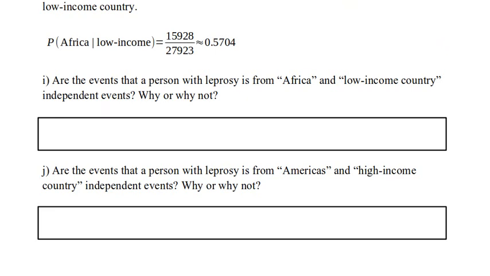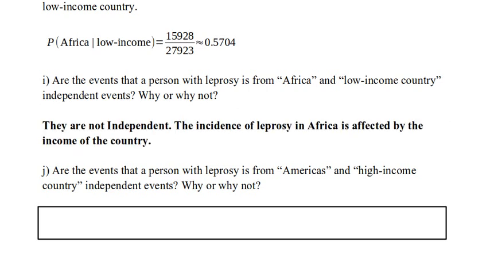Why or why not? We can scroll back and look at the probabilities of being from Africa and the probability of being from Africa given that you're in a low-income country and see that the probabilities are different. It is affected by the income of the country in Africa.